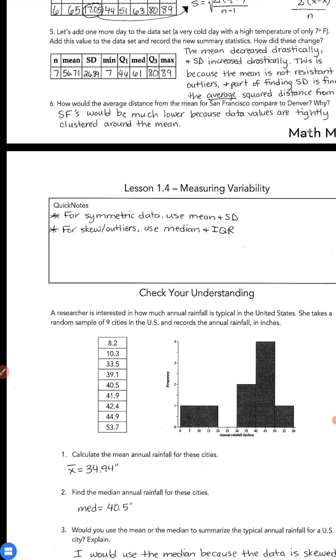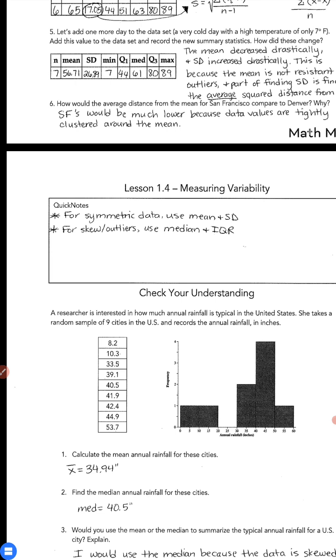It's not going to give you an average that is representative of most people. So therefore, the mean may not be accurate. Right? Well, the way we find the standard deviation, step 1 of that is using the mean. So if the mean is not accurate, the standard deviation will also not be accurate. Okay? So it is only for symmetric data that we use the mean and the standard deviation.